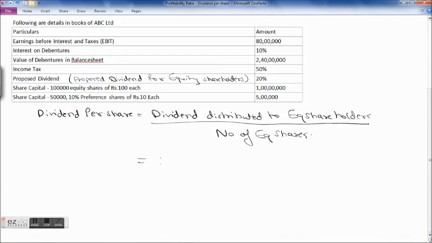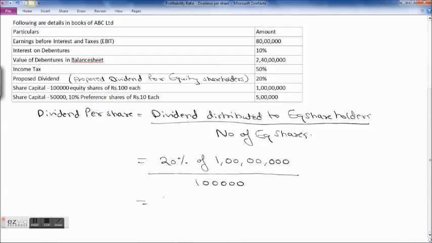Now, how much is the proposed dividend? It is 20%. And how much is the share capital? 1 lakh equity shares of rupees 100 each. So the dividend will be 20% of 1 crore divided by the number of shares. How many shares are there? 1 lakh.